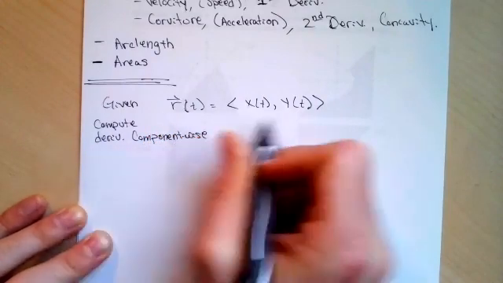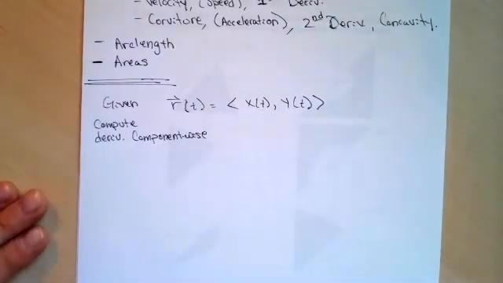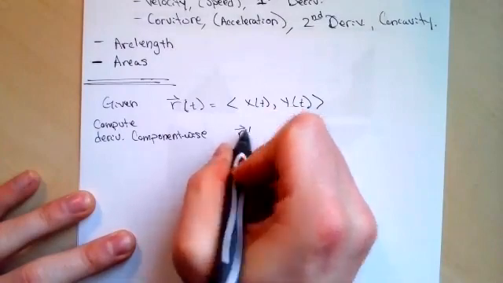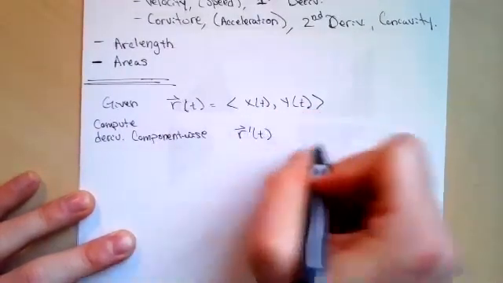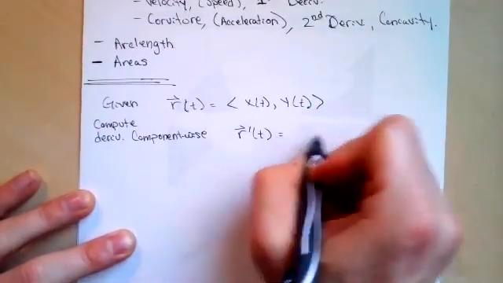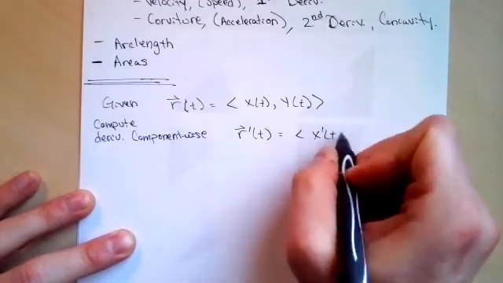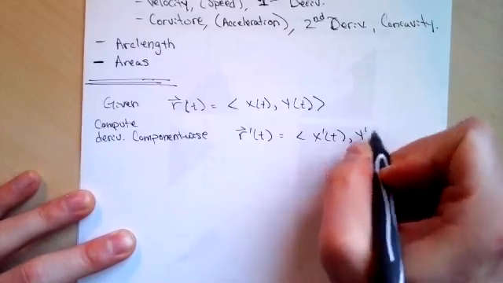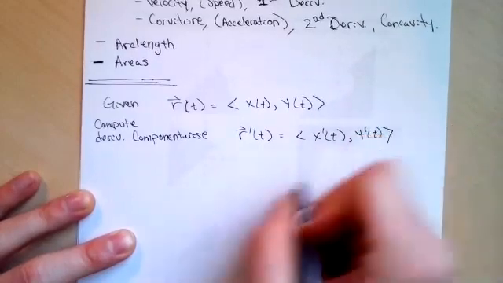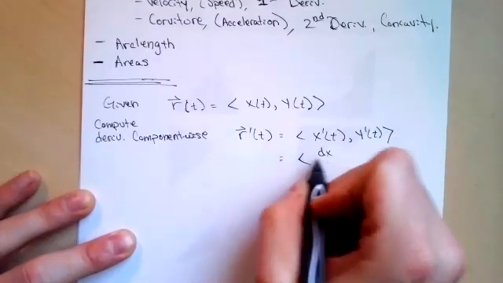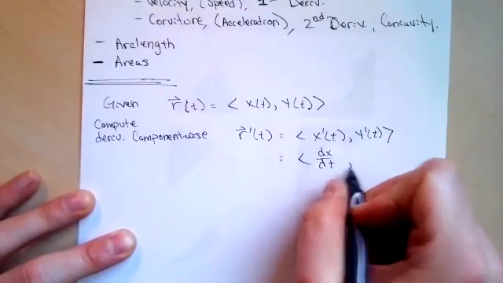So when I say components, I mean the individual coordinates. And so we would write this as r prime of t is equal to, well, I'm just computing the derivatives, x prime of t, y prime of t. Or if you want to use Leibniz notation, dx dt and dy dt.